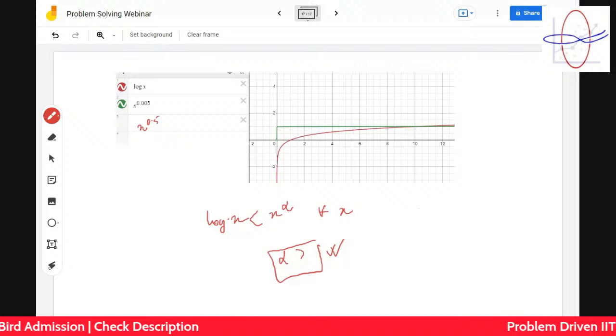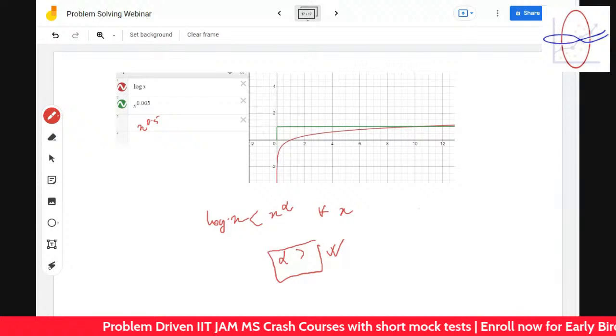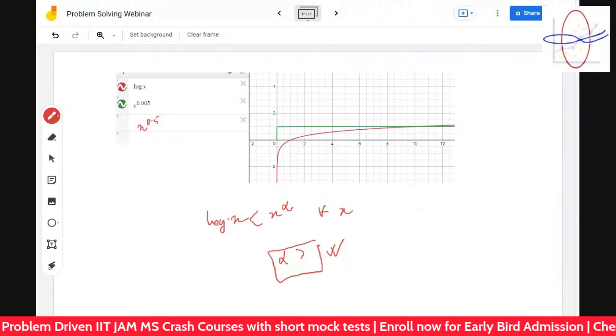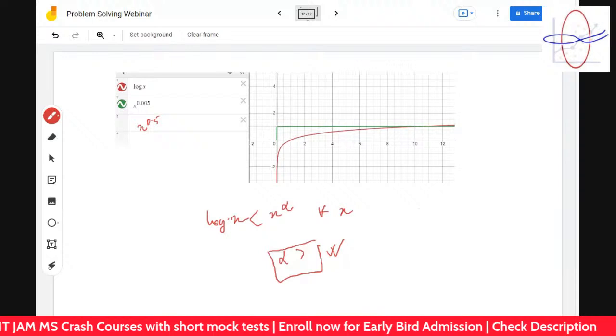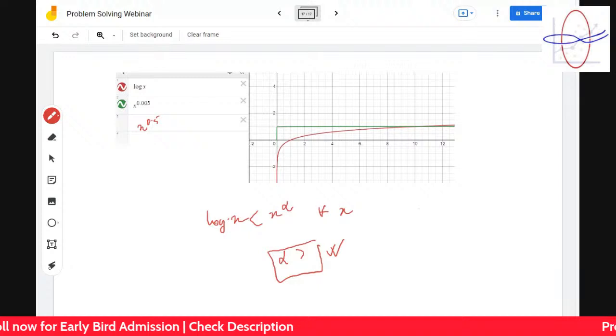Is it true? No. It's not happening for x to the power 0.1 either. Just testing it for 0.15.